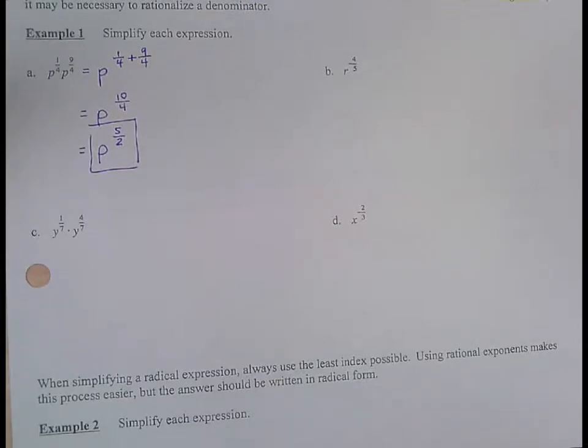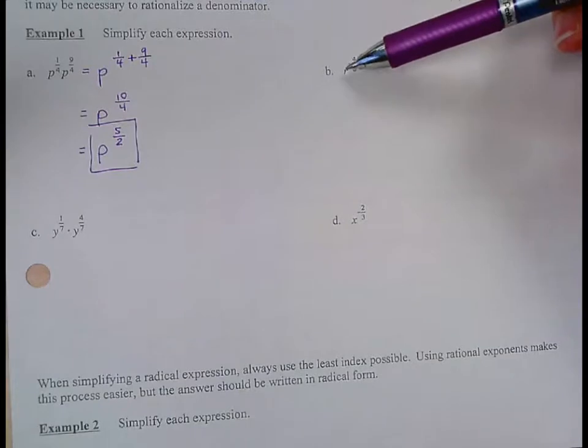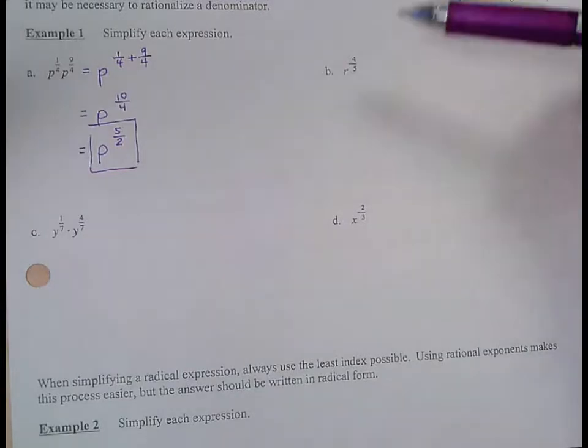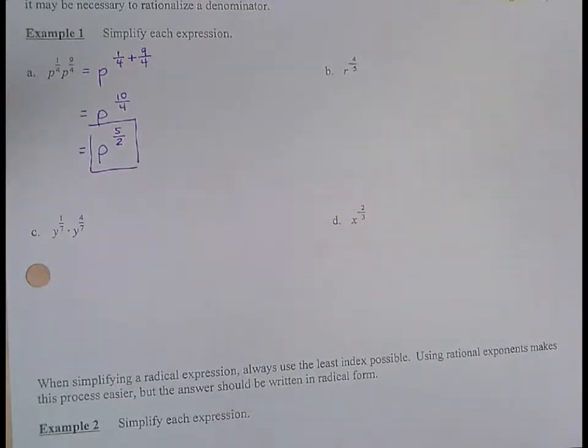For part B, we have r to the negative 4/5. I know it's small print, but that exponent is negative. So how did we say yesterday that we make an exponent positive? How do you make an exponent positive?